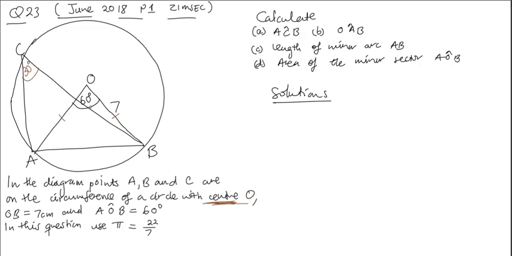So if this is 60 degrees, we have two angles here, this angle here and this one there. So since this is an isosceles, why am I saying it's isosceles? Because a radius and a radius will obviously be the same. So OB is definitely equal to OA, and they're both 7 centimeters. That's why I'm saying that's an isosceles triangle, of course.